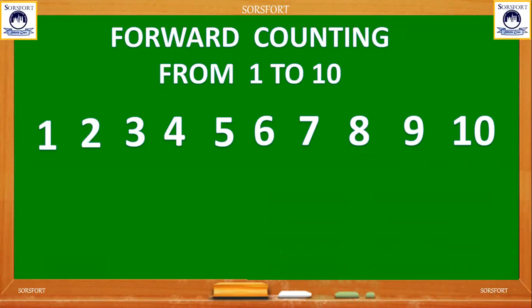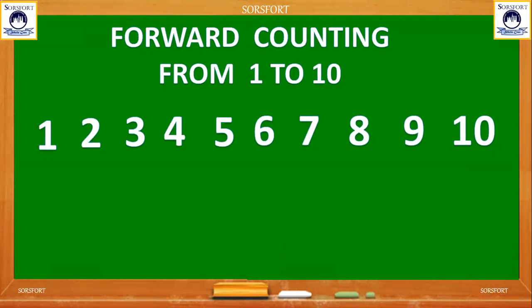While writing 1 to 10, I have started writing from 1, then 2, then 3, then 4, then 5, then 6, then 7, then 8, then 9, then 10. So, while writing from 1 to 10, we call it forward counting.